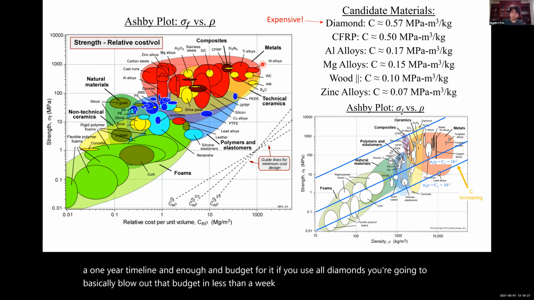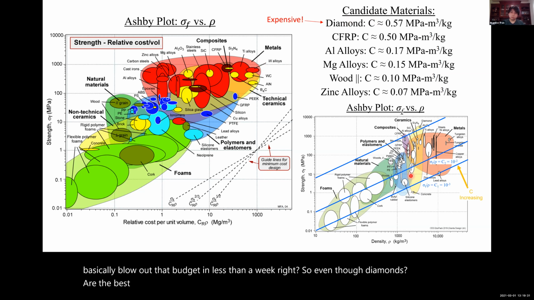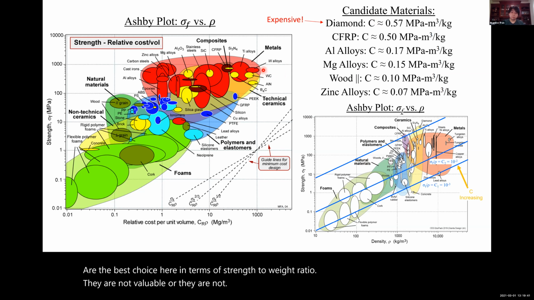So even though diamond is the best choice here in terms of strength to weight ratio, it is not appropriate for this certain kind of application because it wastes too much money.